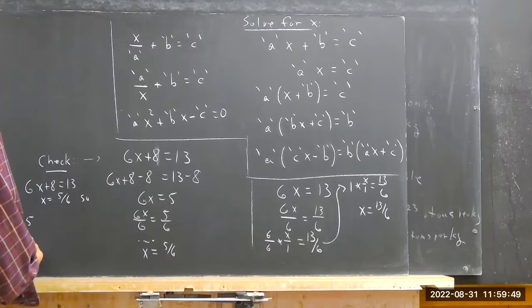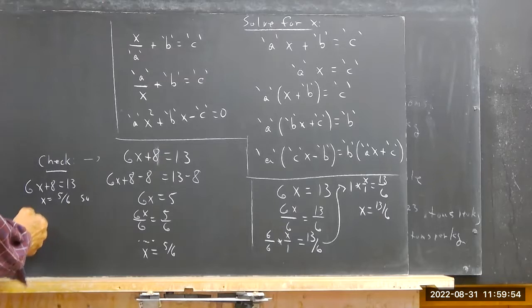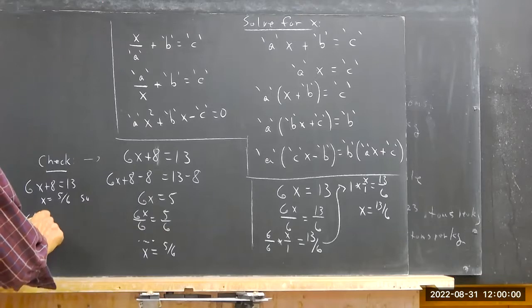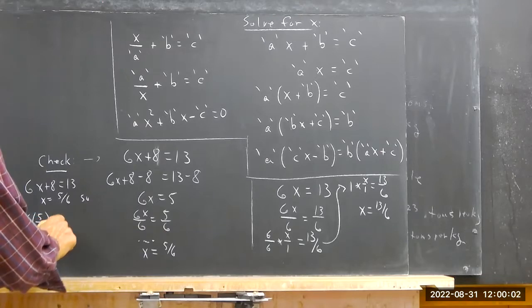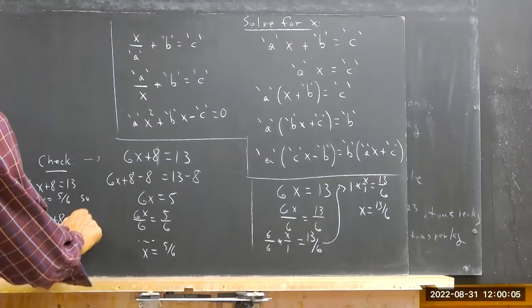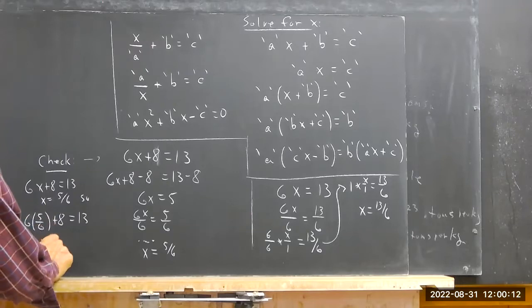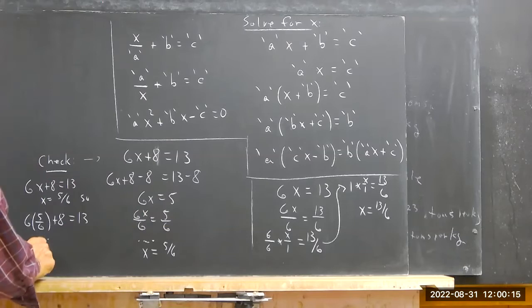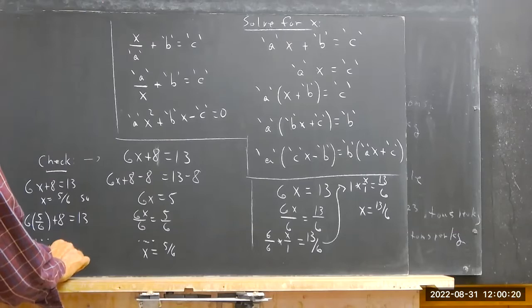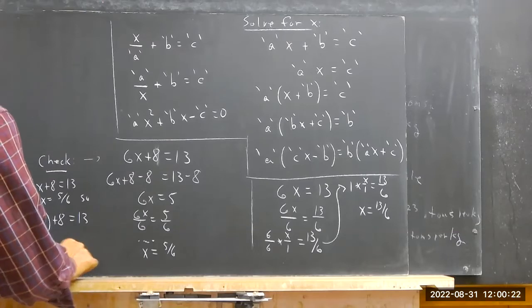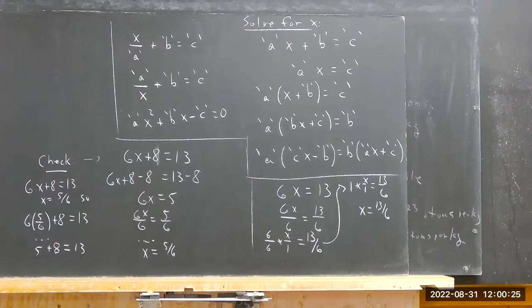We get 6 times 5 over 6 plus 8 equals 13. Well, 6 times 5 over 6, with 3 dots, really technically ought to do all that stuff. 6 times 5, 6 is 5. And 5 plus 8 equals 13.